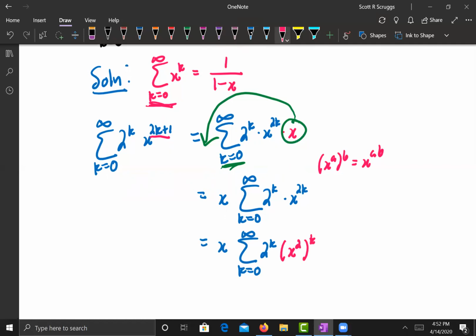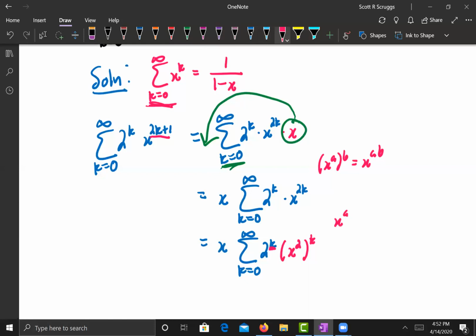Now, the reason why I chose k to be the outside exponent is because 2 is also being raised by k in front, meaning I get to use the other exponent property.